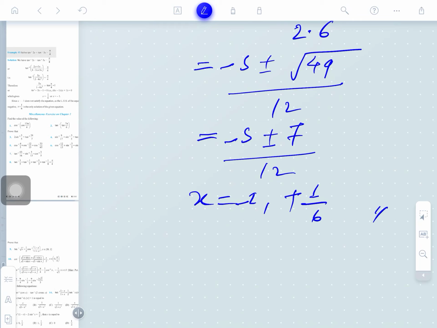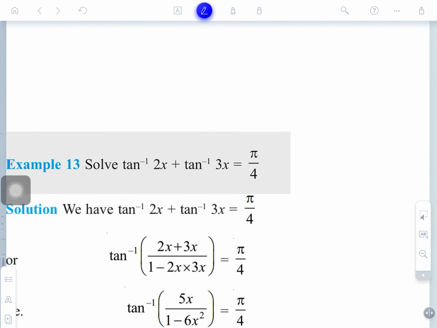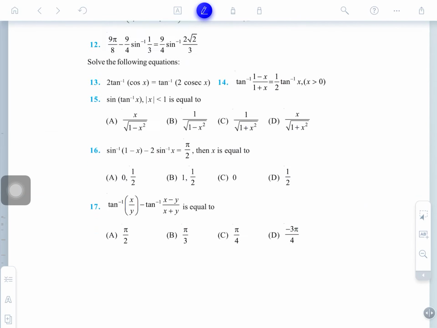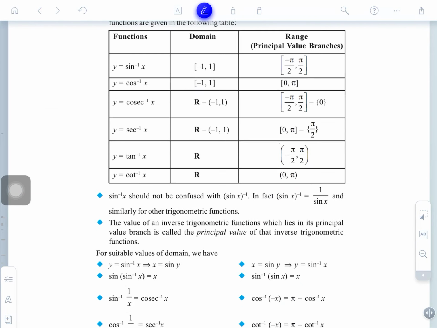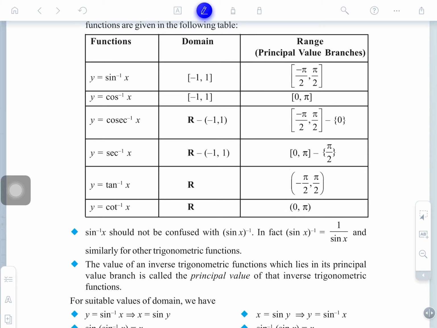So minus 1. What is the domain here? Since the domain for the function is what here? What is the domain of tan? Yes, this is the real numbers.